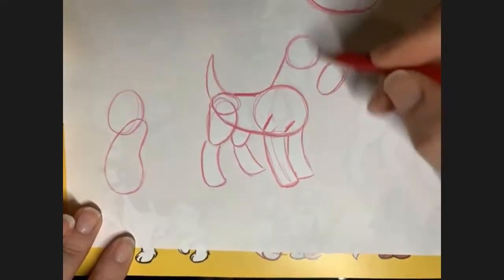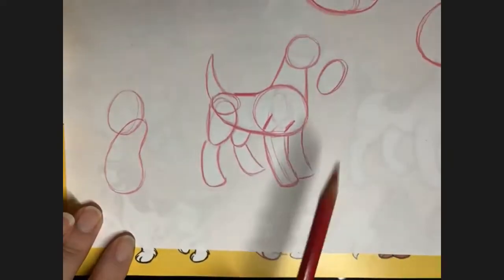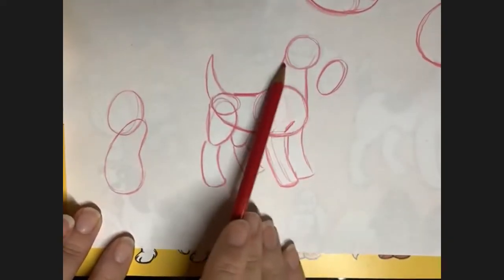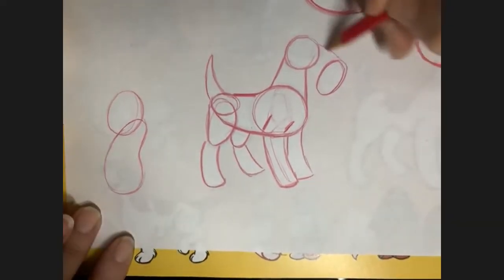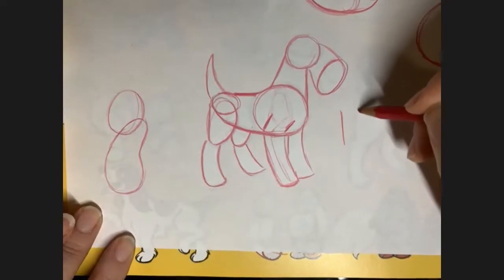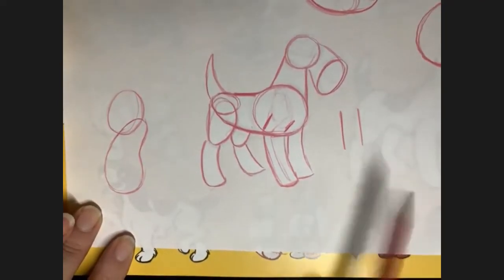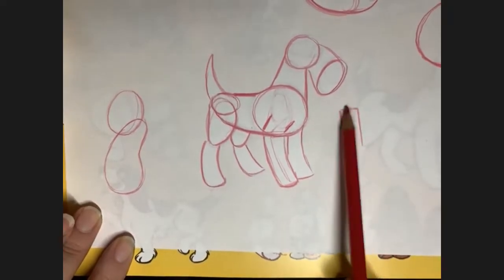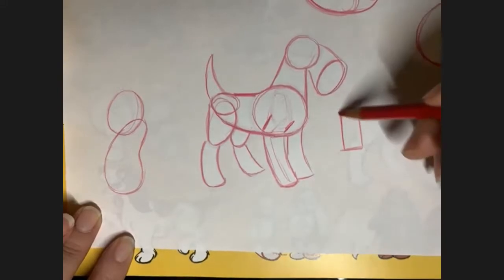And then I'm just going to connect the head to the body with the neck. One little tip for you guys is things are very rarely parallel, especially in cartoons. What that means is that the lines match exactly on either side, no half is thicker than the other.